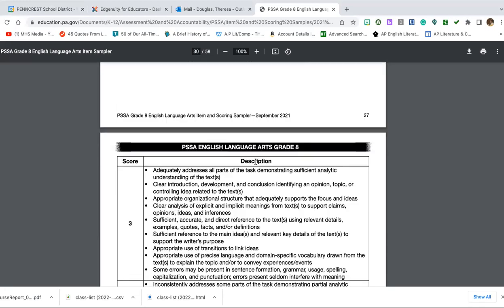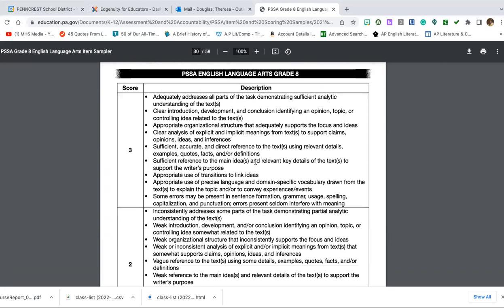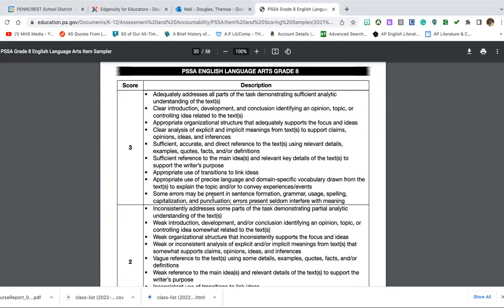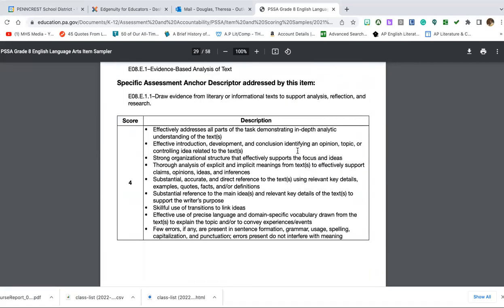And if you notice, that sounds an awful lot like a 4. This is the key difference between the 3 and the 4: there could be some errors and they might interfere with some of the meaning. And there might be just a few more things that just aren't quite as perfect as a 4.